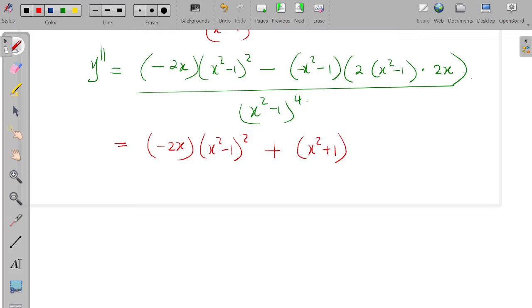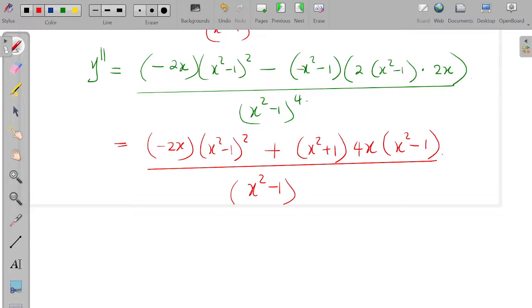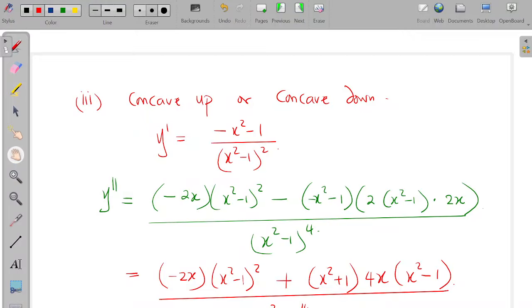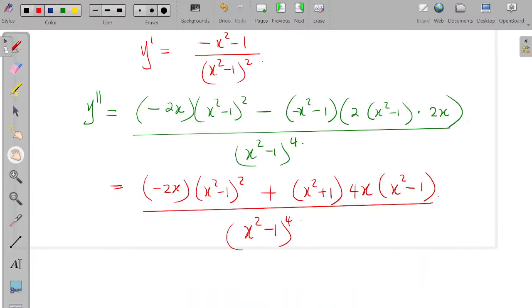This now becomes 4x into x squared minus 1, all over x squared minus 1 raised to power 4. Let's check again. This comes down. Yeah, that is okay.